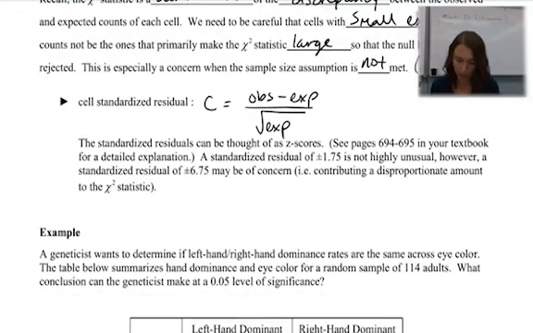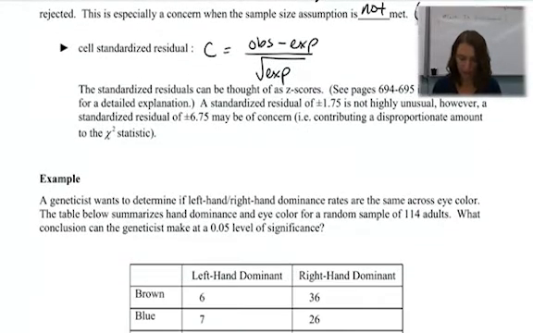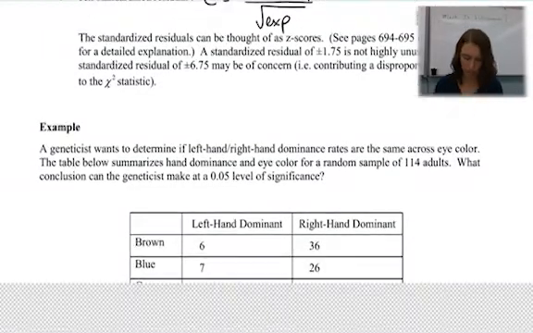Standardized residuals can be thought of as z-scores. They're not z-scores, but they can kind of be thought of that way. A standardized residual of plus or minus 1.75 is not highly unusual. However, a standardized residual of like 6.75 would be a concern. So we want to make sure that our standardized residuals are not too large or extreme.